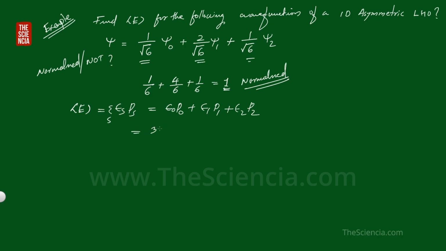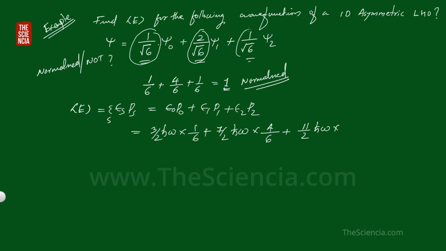We know the ground state energy is 1 by 2 h cross omega into P0, where P0 is the square of the coefficient of psi 0, that is 1 by 6, plus E1, that is 3 by 2 h cross omega into P1, where P1 is the square of the coefficient of psi 1, that is 4 by 6, plus E2, the second excited state energy of the symmetric linear harmonic oscillator, that is 5 by 2 h cross omega into the square of the coefficient of psi 2, that is 1 by 6.